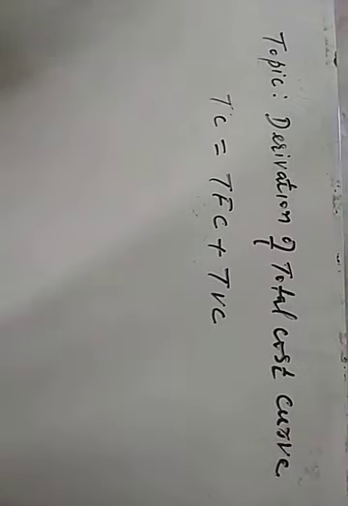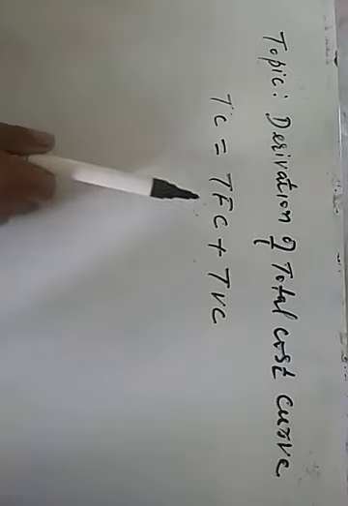Today we will learn about the derivation of the total cost curve, and this is derived from the vertical summation of the total fixed cost curve and the total variable cost curve.